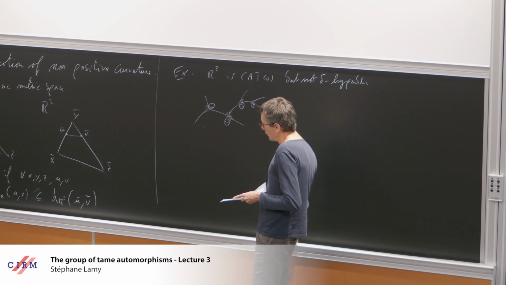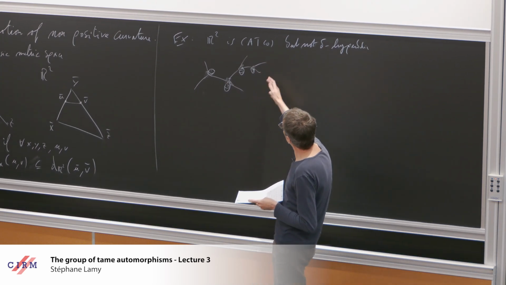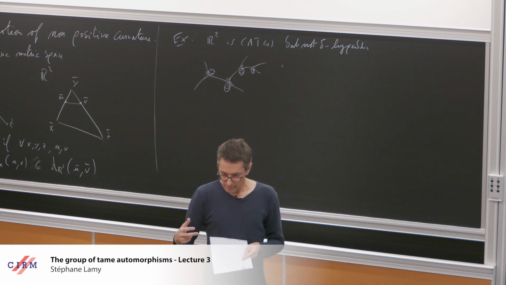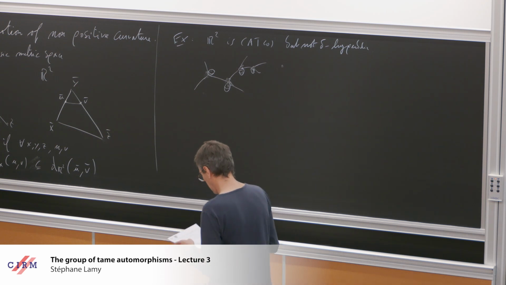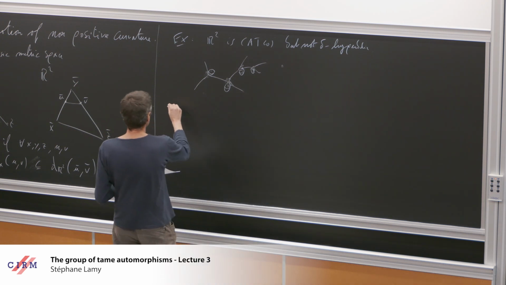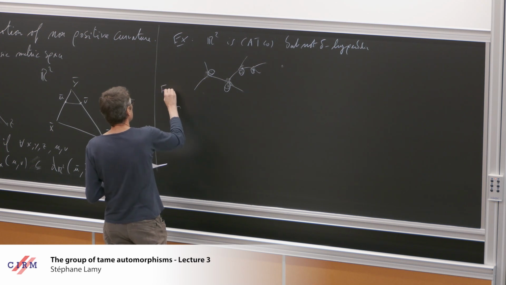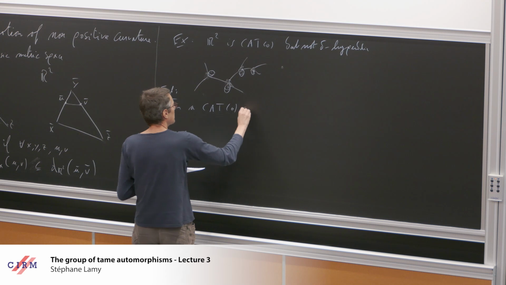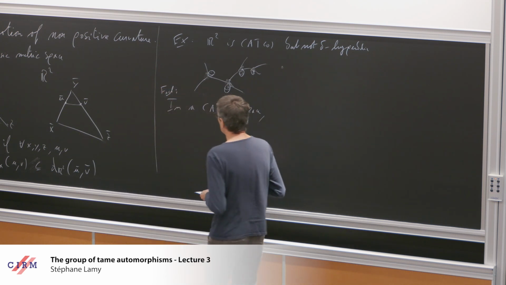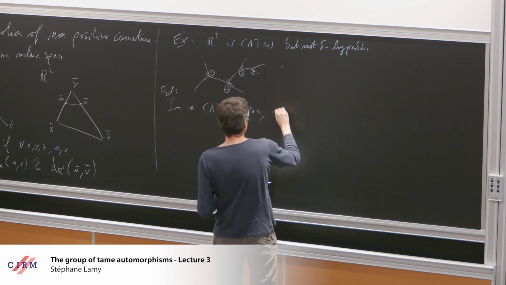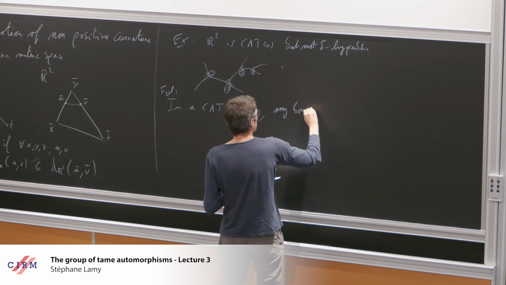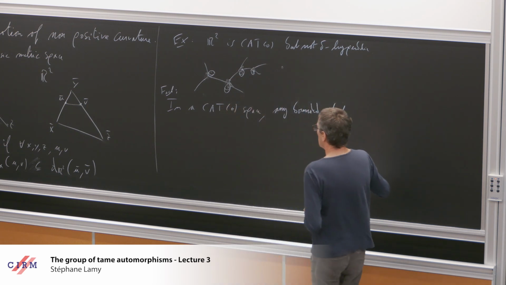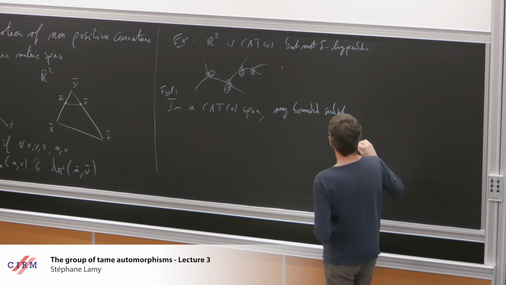And the good property for CAT(0) spaces is that you have a good fixed point property. So let me give one. In fact, in a CAT(0) space, any bounded subset admits a circumcenter.